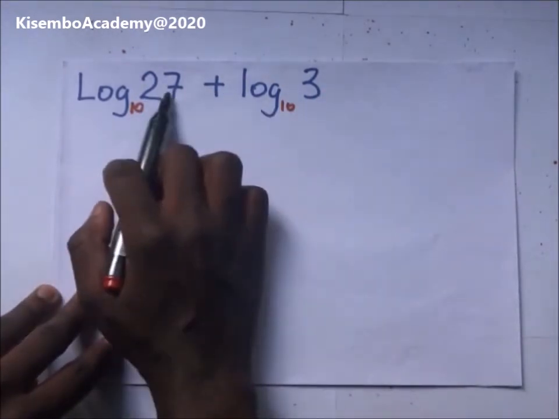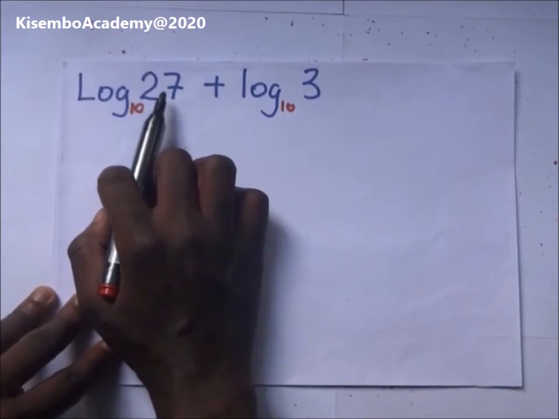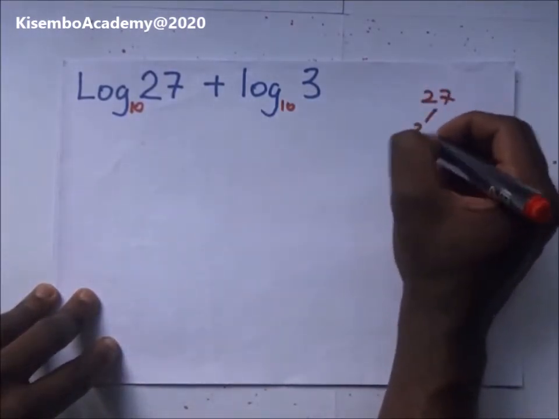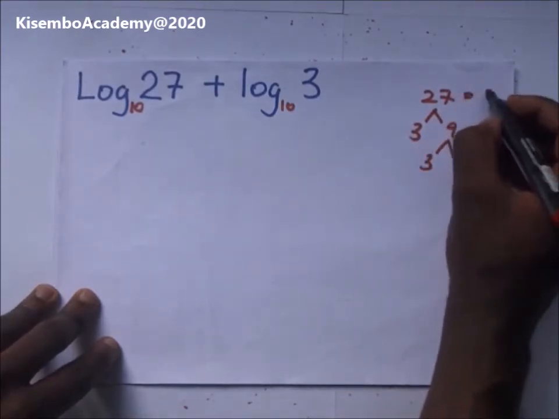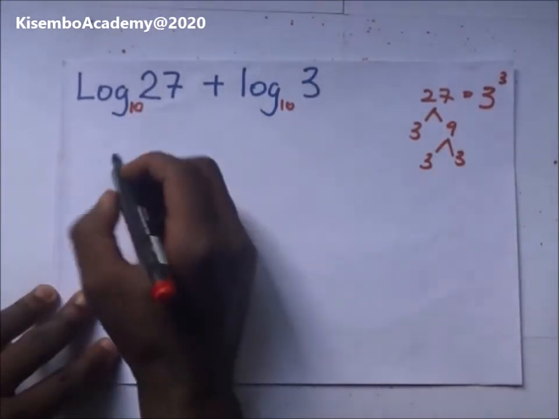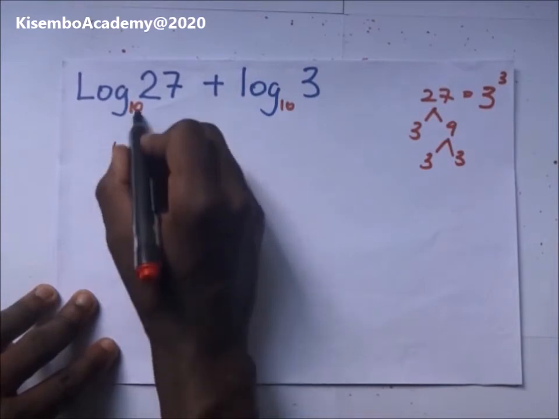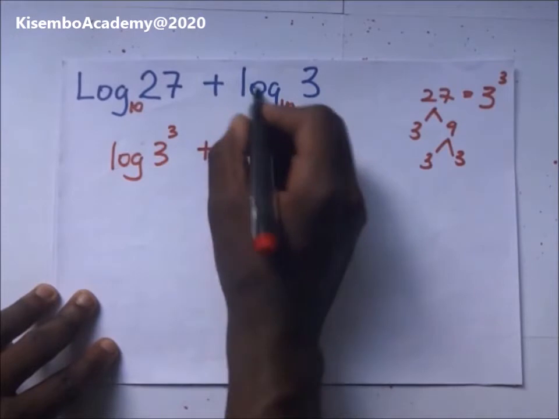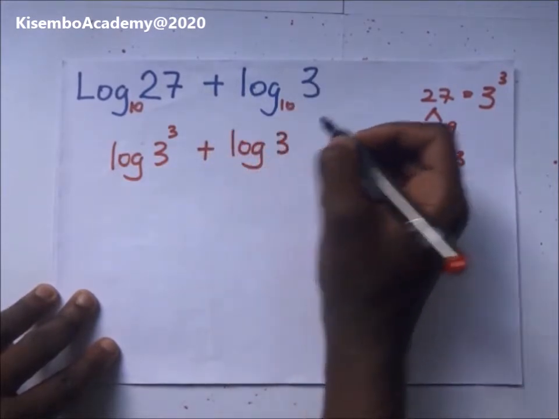You'd realize that 27 can be prime factorized and converted into index form. So 27 divided by 3 is 9. Divide by 3, you get 3. So 27 is the same as 3 to the power 3. So this becomes log base 10 of 3 to the power 3 plus log base 10 of 3.